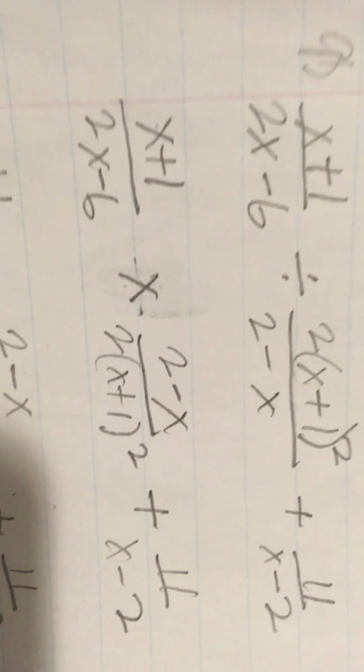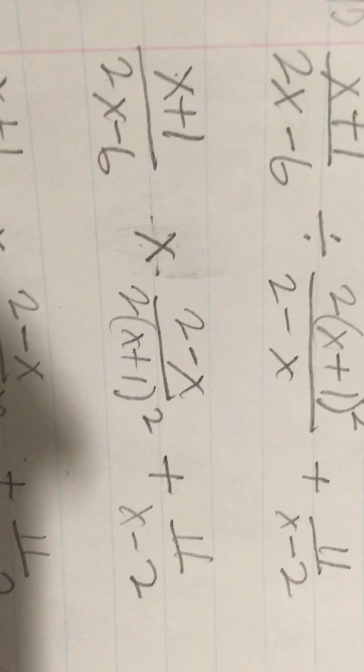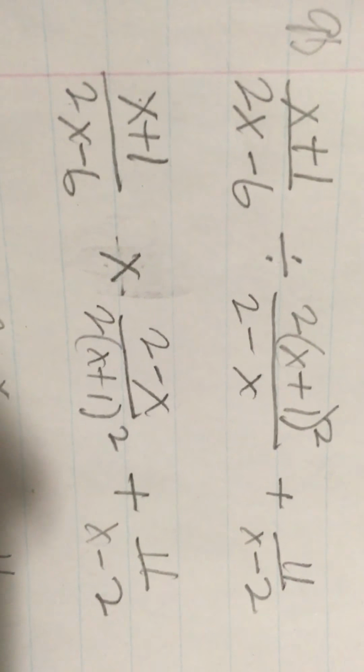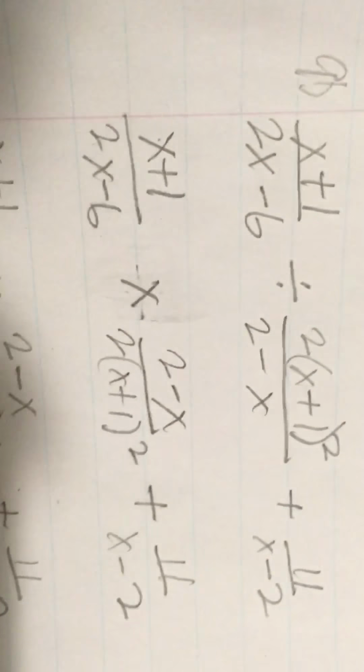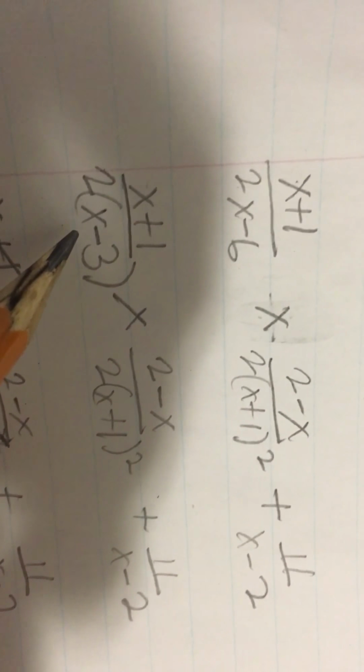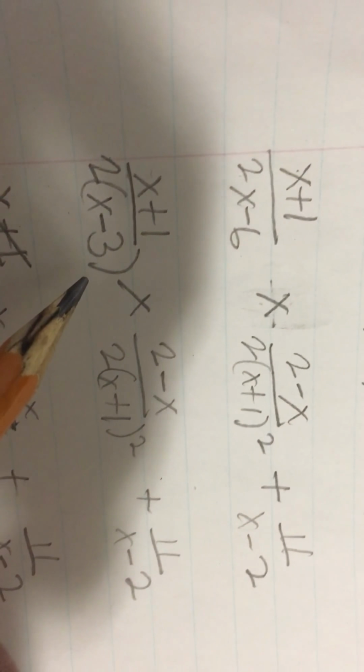So this is the next step. Next, we can check the equation for anything that we can factor. And there's one right here, 2x - 6, which we can turn into 2(x - 3).